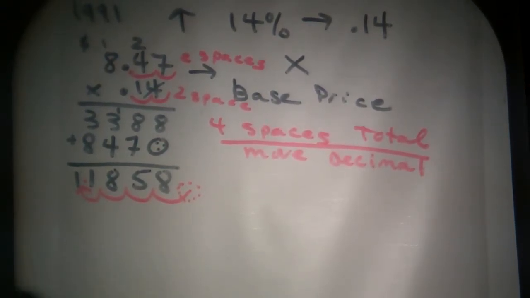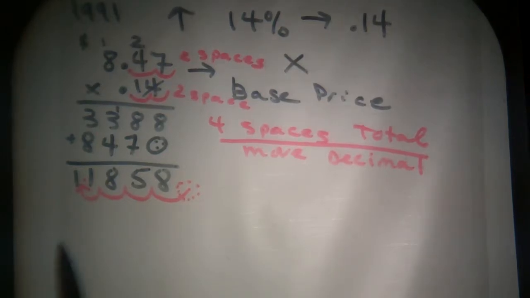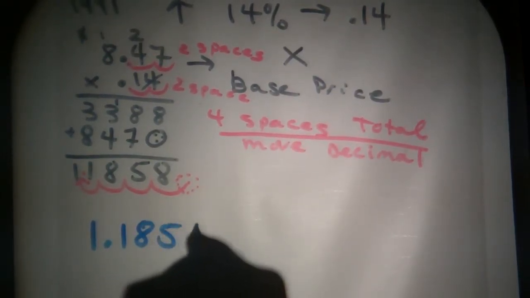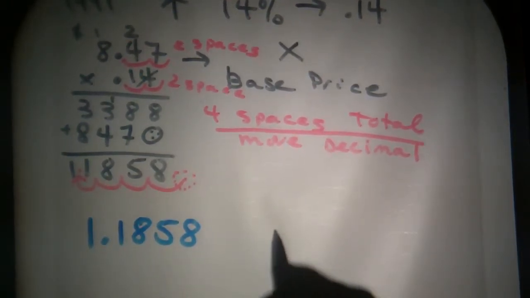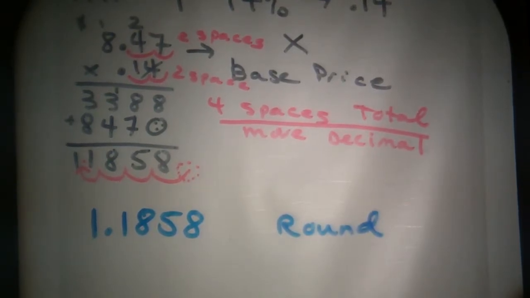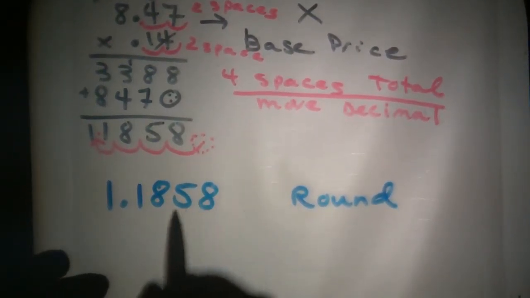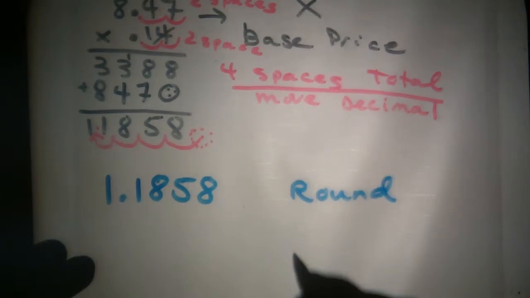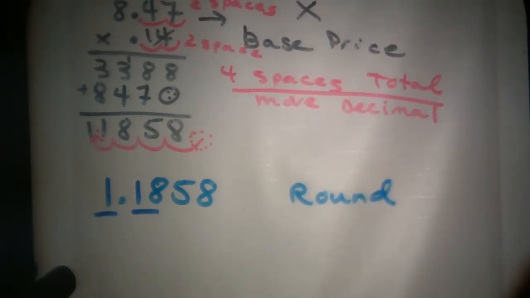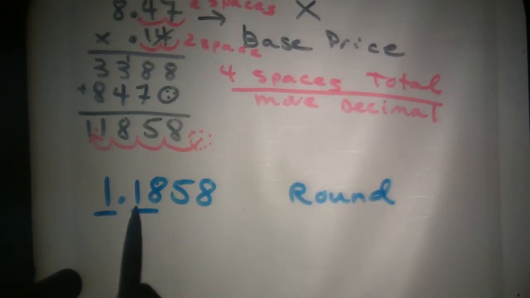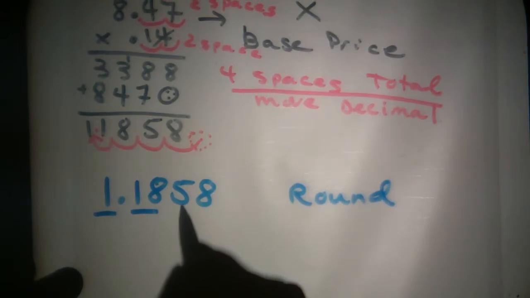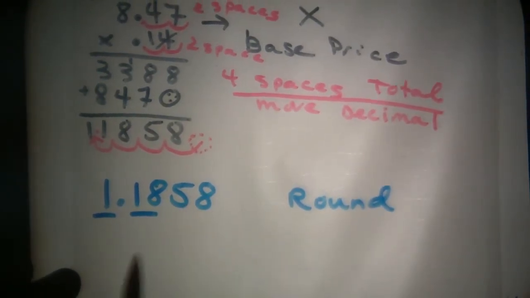Rewrite it. Your new number now is 1.1858. Now we're going to round our number to make it easier to use. How do we round this? Well, we know if we're talking money, we just use the two place values to the right of the decimal. We don't need to use these two because we don't have thousandths in dollars.